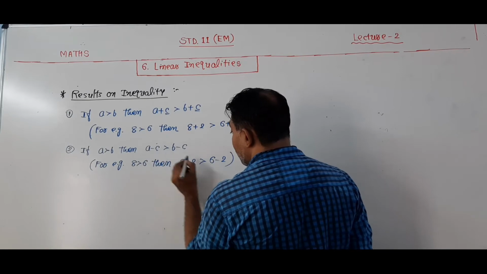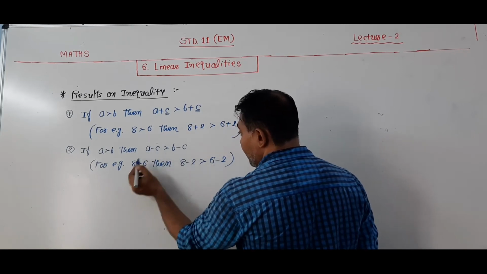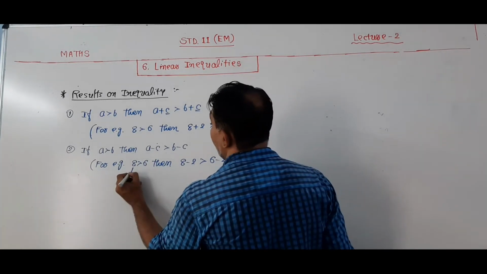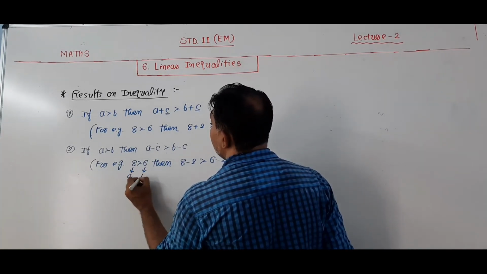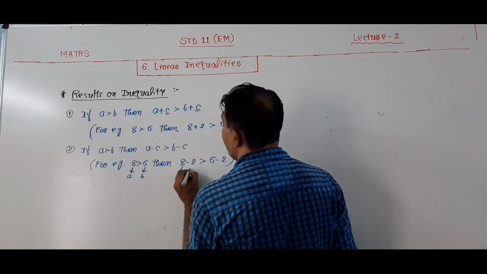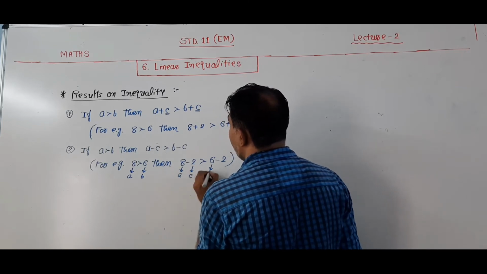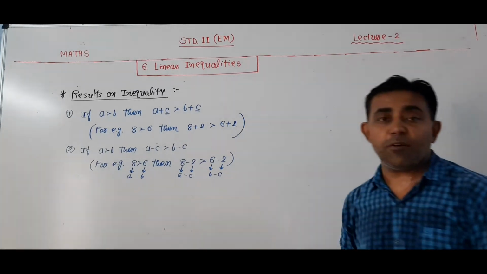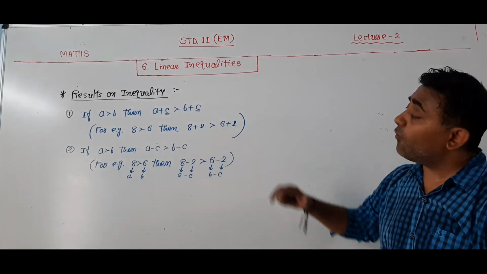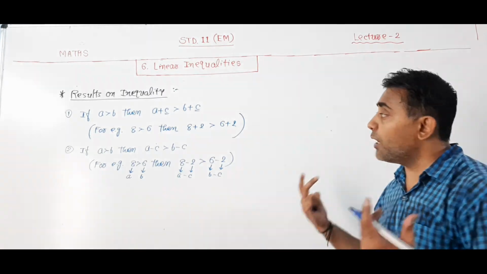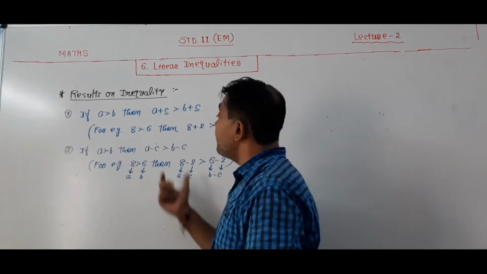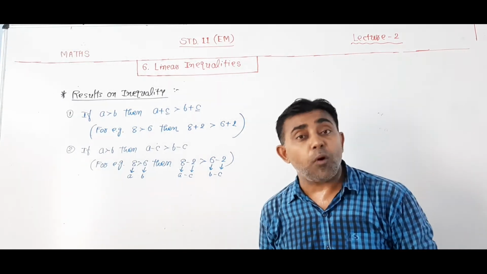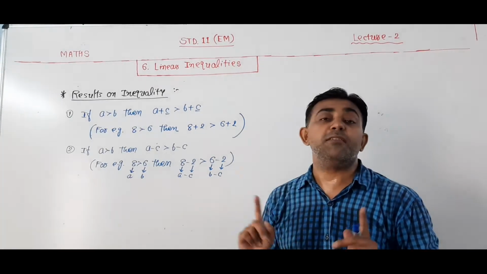It means here C means 2, A means 8 and B means 6. So this is A, this is B, here is A minus C and here is B minus C. So the relation is confirmed, right? So in the case of addition or subtraction, my topic is this: when you add or subtract any real number from the inequality, the inequality remains as it is.